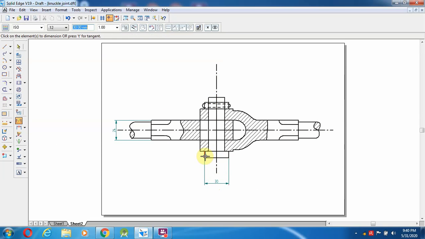So all the dimensions I try to give over here, as well as all those things.